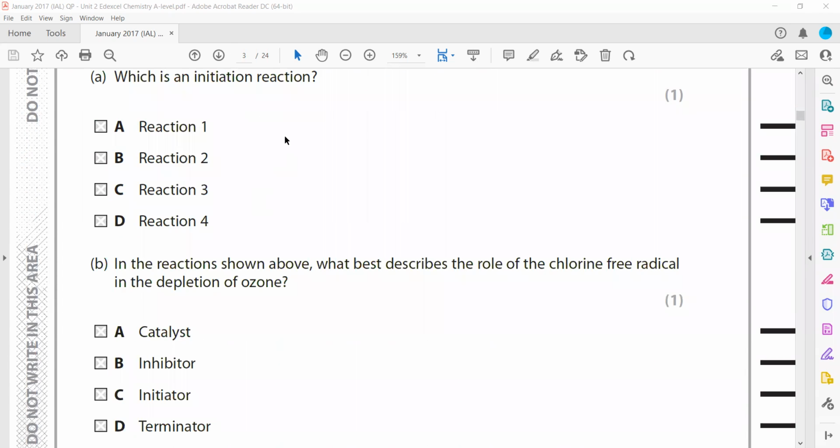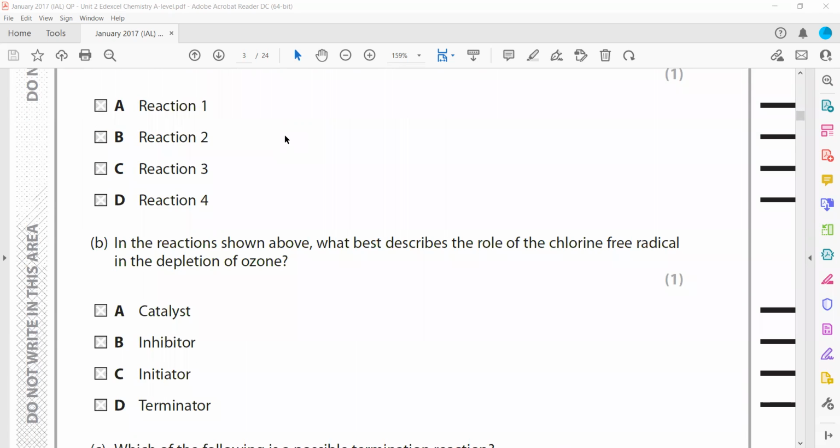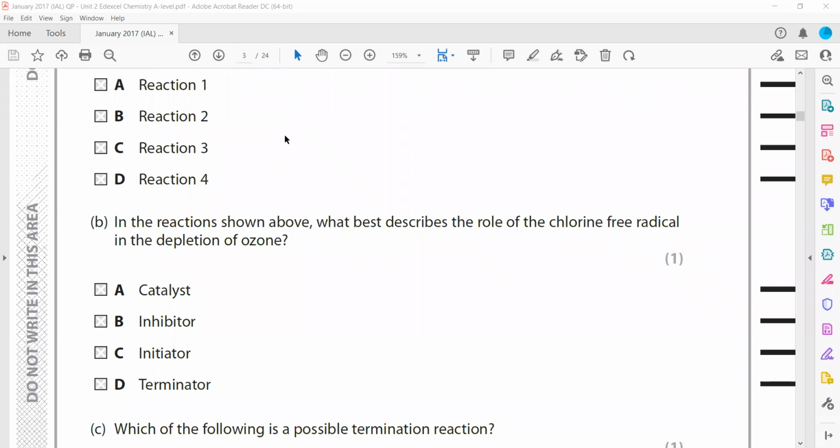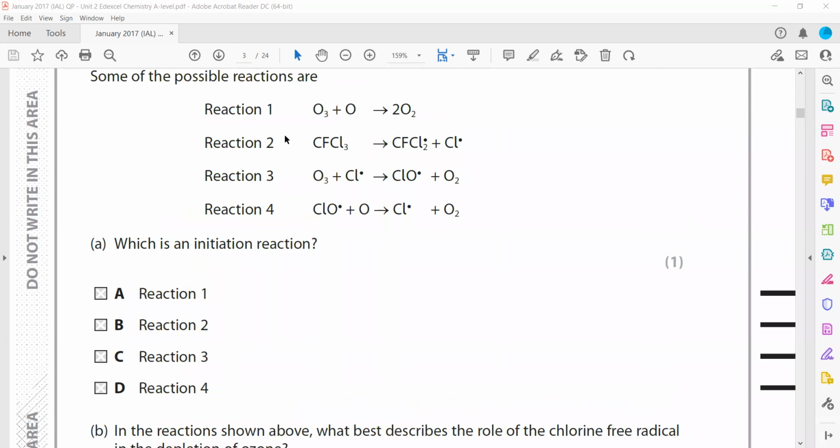Propagation in the reaction shown, what best describes the role of a chlorine free radical in the depletion of ozone? Look, it started with a chlorine free radical. The chlorine free radical reacted with ozone to form ClO radical, which reacted with oxygen, forming chlorine radical again. So chlorine free radical is given off again.